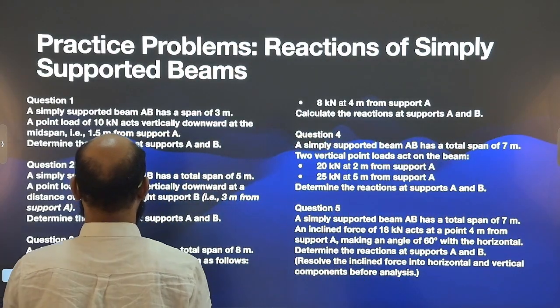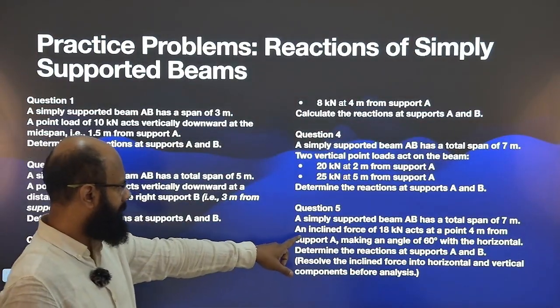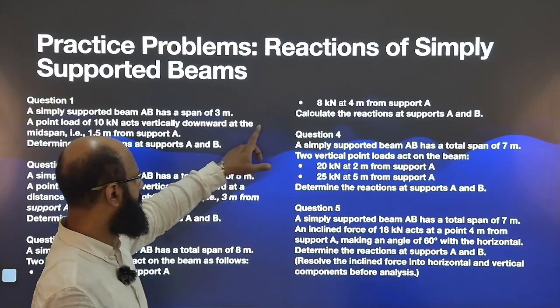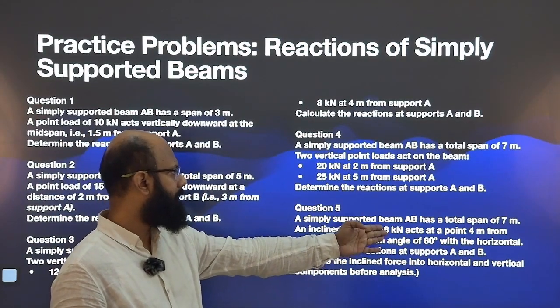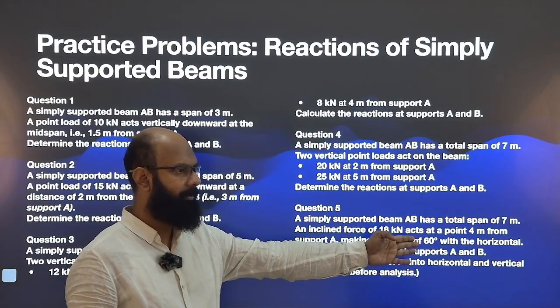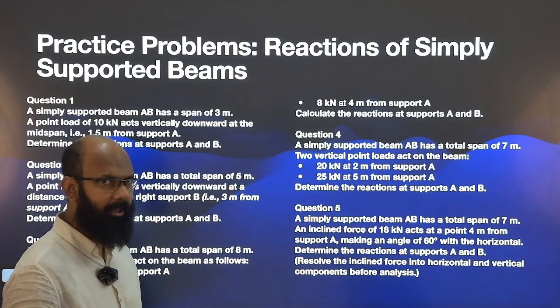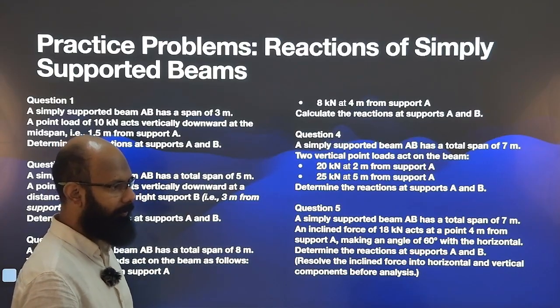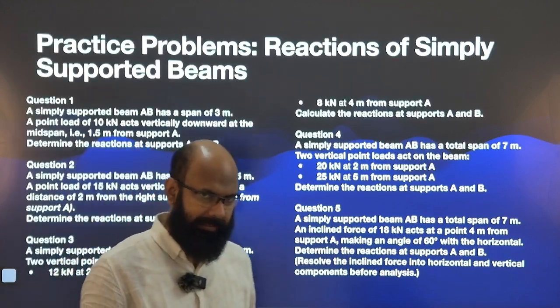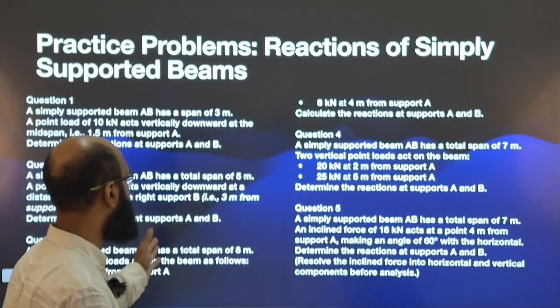All are simply supported beams, except question number 5; all are very simple in form. This 18 kilonewton will act at an angle of 60 degrees, so there will be some horizontal component. I will check whether you could solve this or not. We'll discuss in our next lecture. Before that, this is your home assignment you can take.